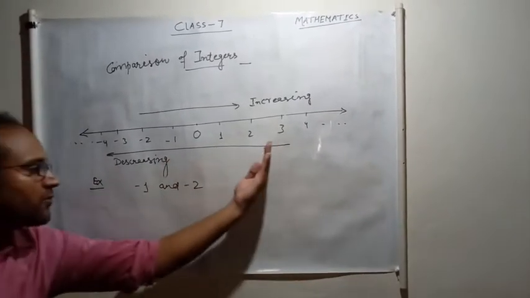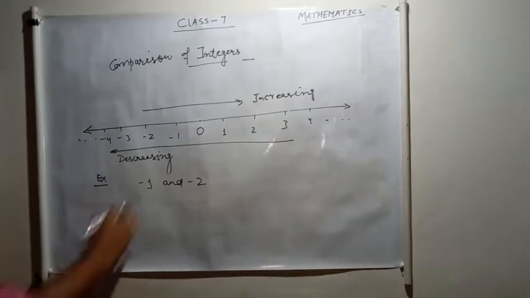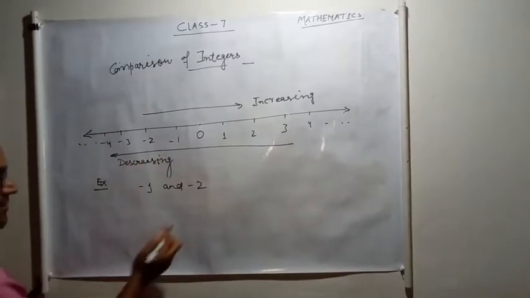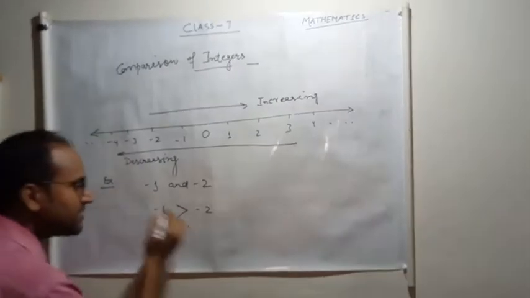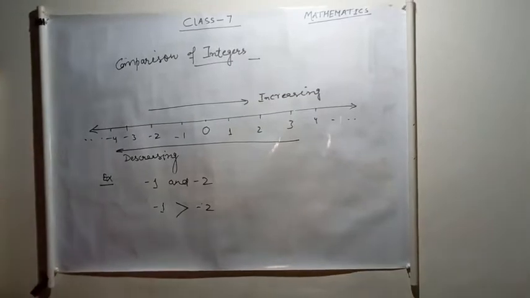When we go from right to left, the value of the integers is decreasing. Which one is greater, -1 or -2? -1 is greater than -2.